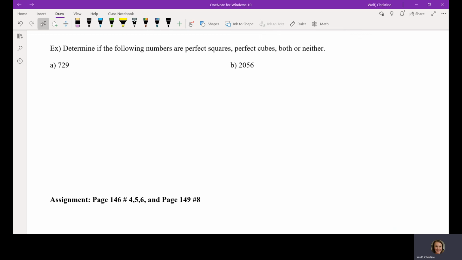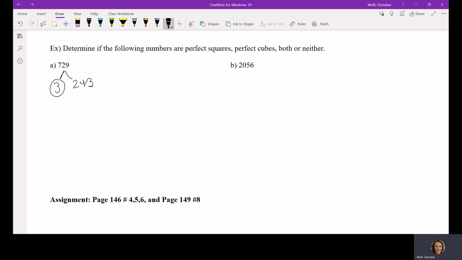So it says, determine if the following numbers are perfect squares or perfect cubes, or maybe they're both, or maybe they're neither. So the way we do this is we do the factor tree for 729 and we just see what we're left with. So 729, I'm going to divide by 3 and I get 3 times 243.